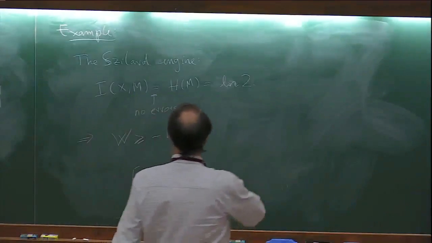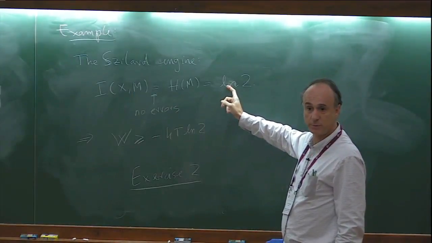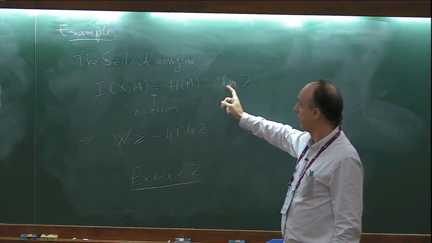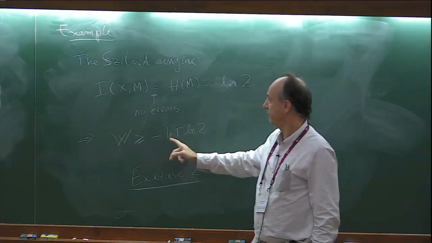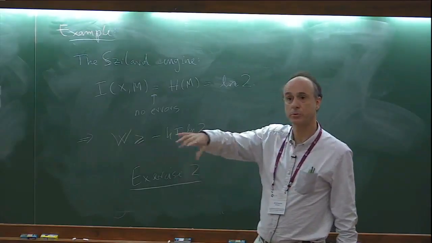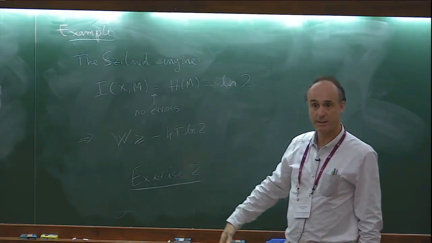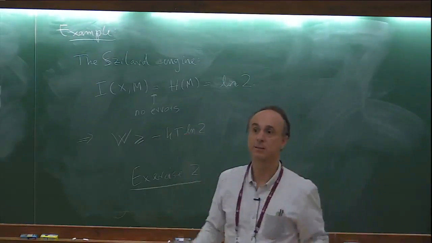And then this is smaller than log 2. It could be 0 if the error is very big. And then you can extract less work. And I also propose you to design a protocol that extracts that amount of work. This is what you have to do in the exercise, okay?